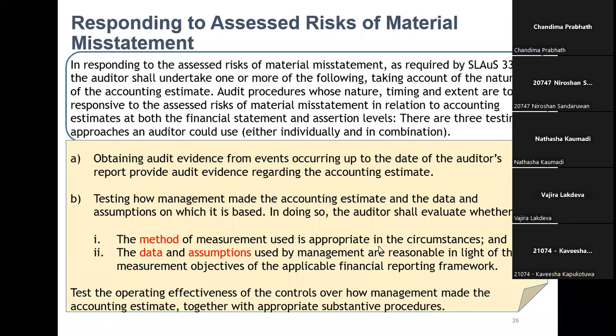Starting with obtaining audit evidence, if it is not possible, you go to testing how management made the accounting estimate. In addition to testing how they made the accounting estimate, you also need to test the operating effectiveness of the controls, provided you have assessed that the controls to be tested are appropriately designed.